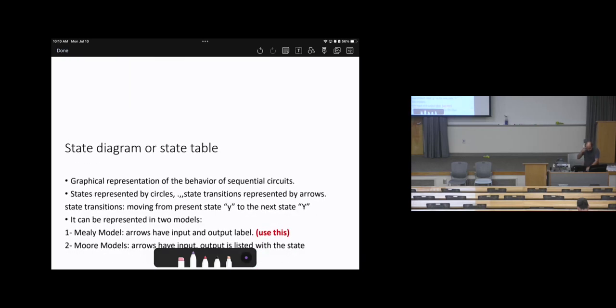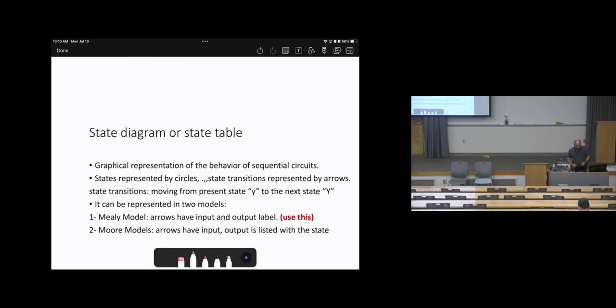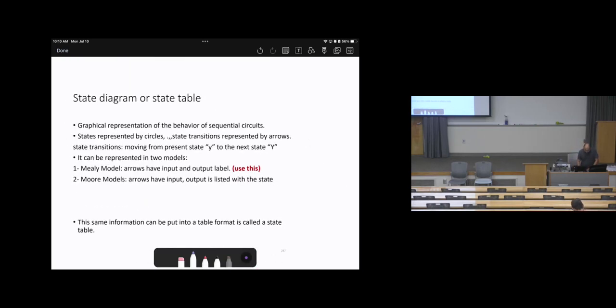So what does the state table mean? It's a graphical representation. It will tell you about the behaviors of sequential logic circuits. Most likely the state table will be associated with what we shall do next, depending on the given information. For example, let's assume we have a traffic light.